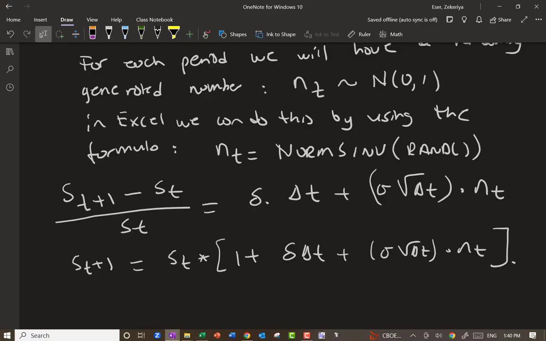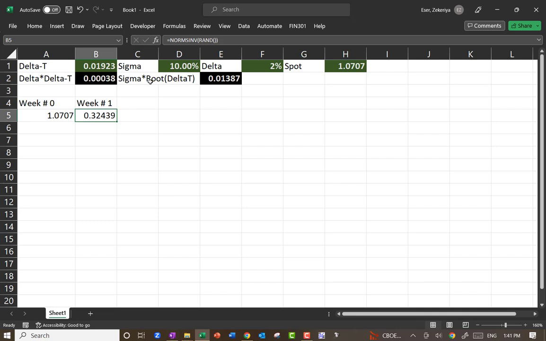As you can see in the formula, I'm multiplying that by sigma root of delta t, which I have right here. And I'm going to add 1 plus delta times delta t to that.